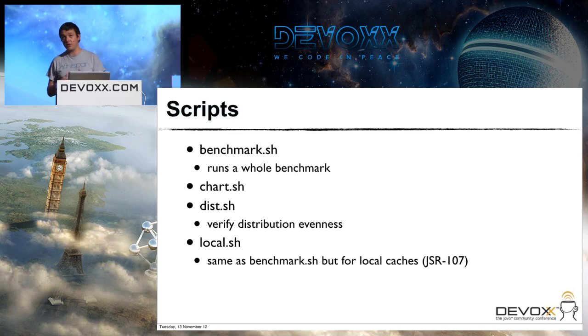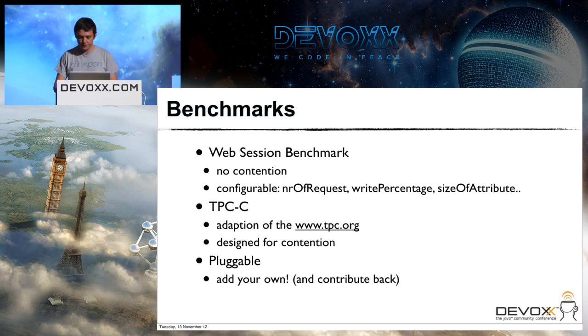Data grid being JSR 347, which tries to take this to a new level and standardize data grids. So you can also benchmark 107-like caches and see different performance reports with local.sh.